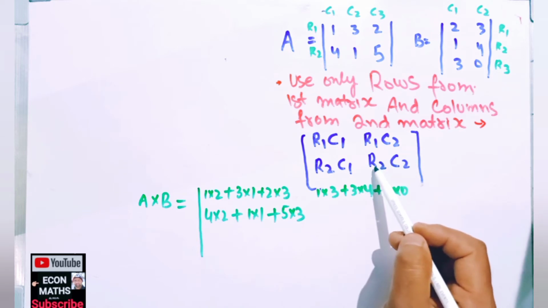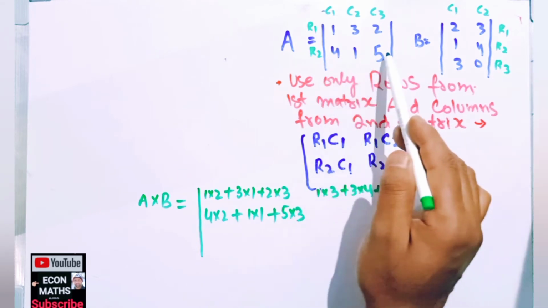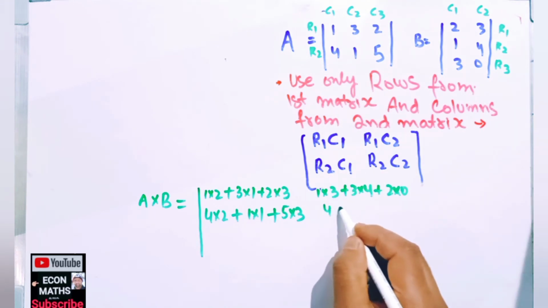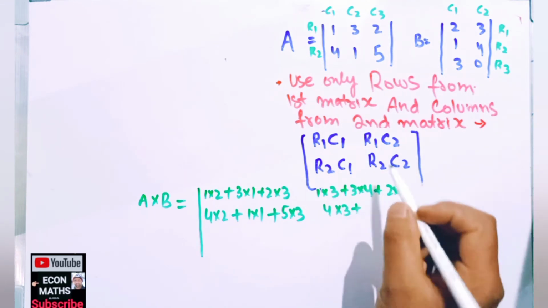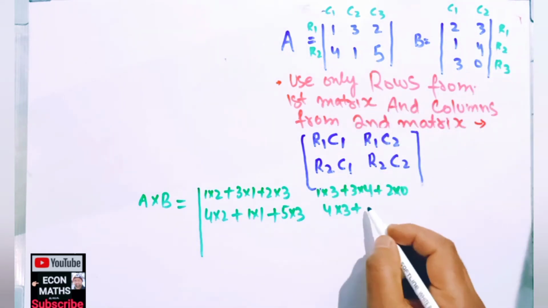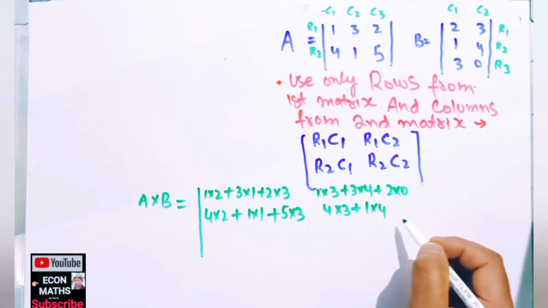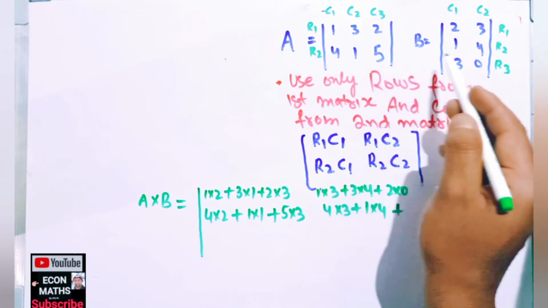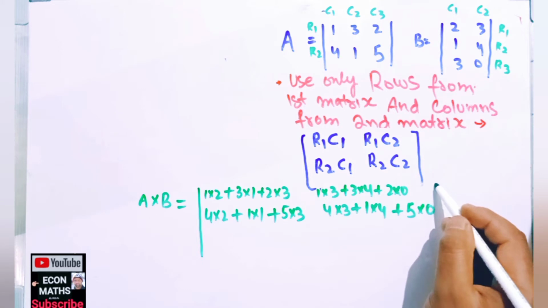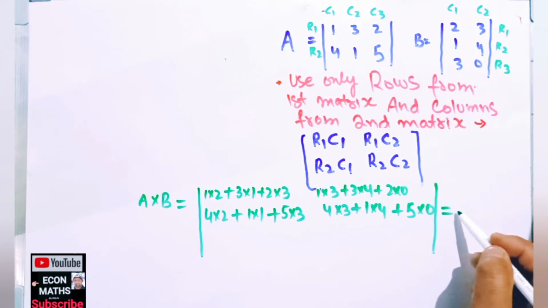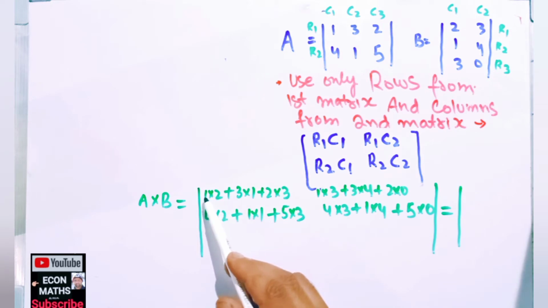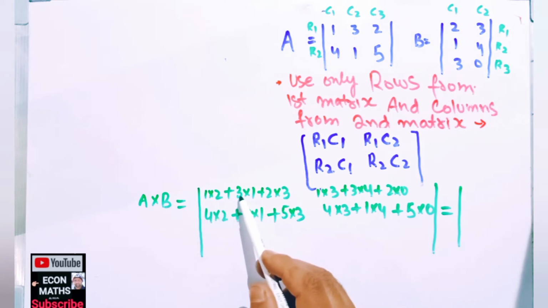Then R2 C2. Now row 2 and C2. This is 4 into 3 plus 1 into 4 plus 5 into 0. So this will become, now 2 ones are 2 plus 3 ones are 3.